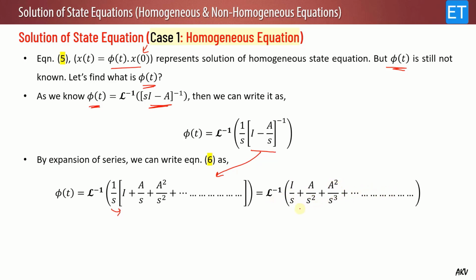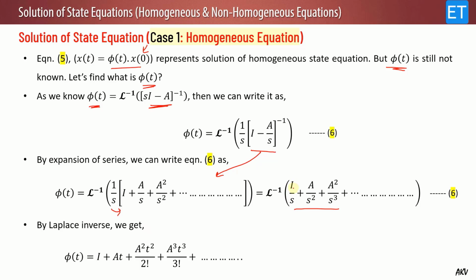When I take the Laplace inverse of this series, I by s is I, A upon s square is At, A square upon s cube is A square t square upon factorial 2, plus, and so on. If you identify this series, obviously this is the exponential series.